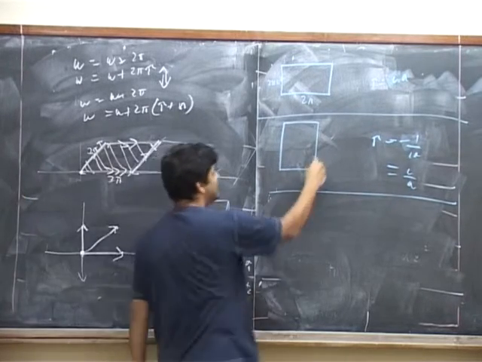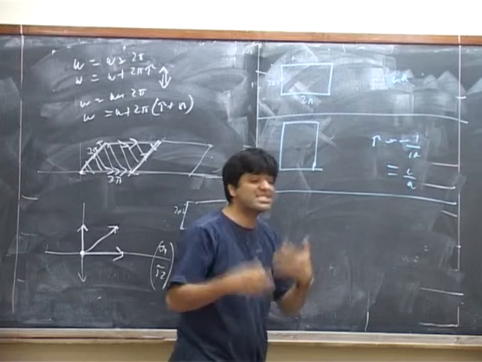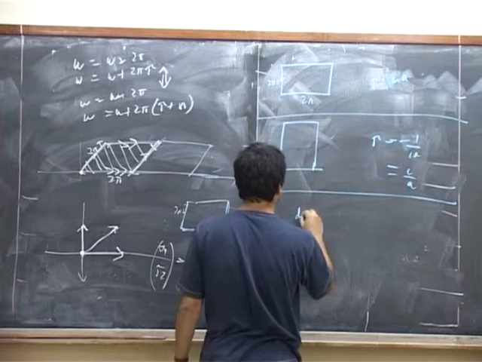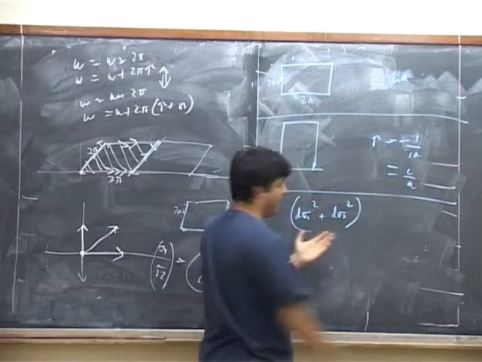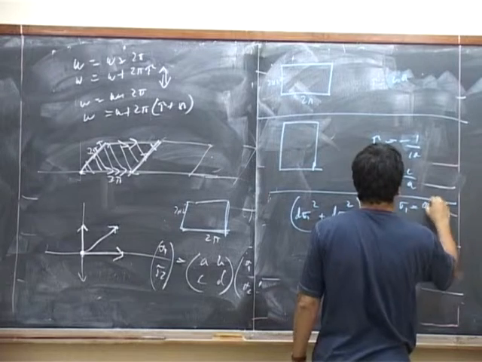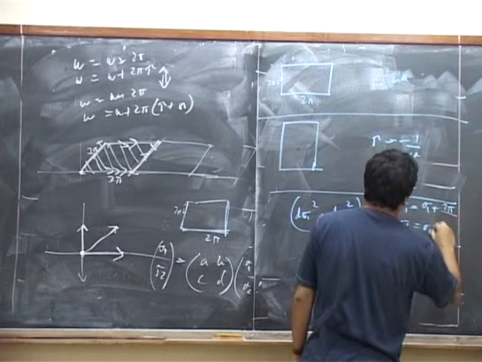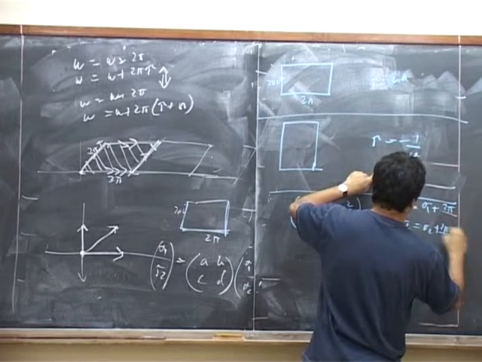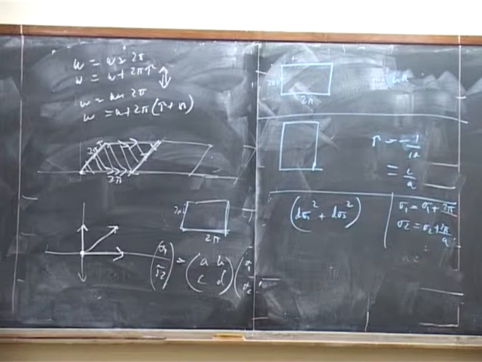How do I say that? Let me write this in sigma 1, sigma 2. The metric here is d sigma 1 squared plus d sigma 2 squared, which is dz dz bar. The identification ranges are sigma 1 equals sigma 1 plus 2 pi, and sigma 2 equals sigma 2 plus 2 pi times a.